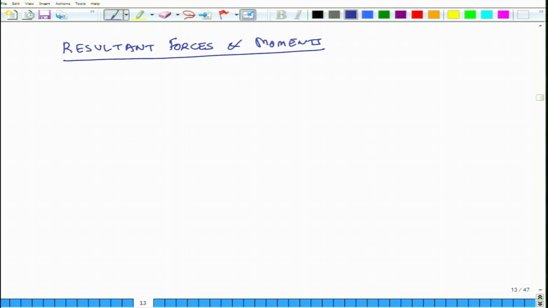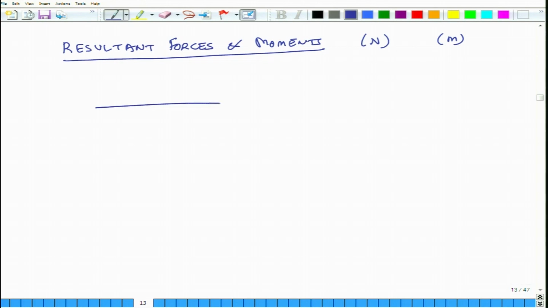So, we define resultant forces as N's and moments as M's, and these are resultant forces and moments per unit length. Their units are not newtons and Newton meter, because they are per unit length. Okay. So, we will actually define that. So, first we will explain the concept.